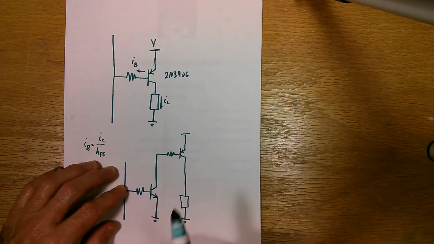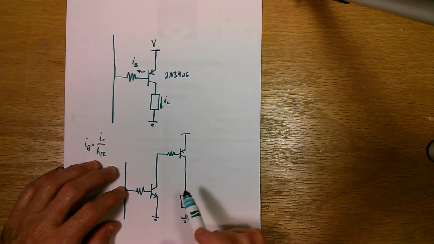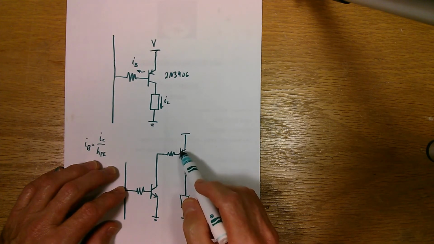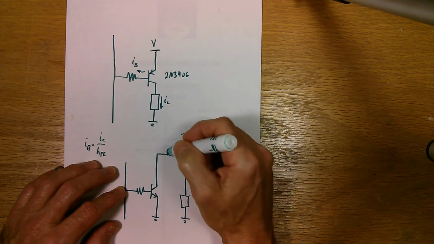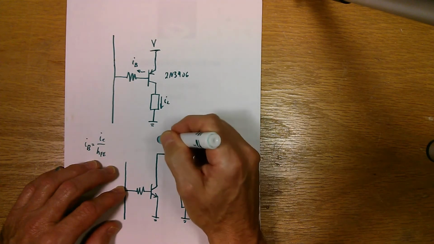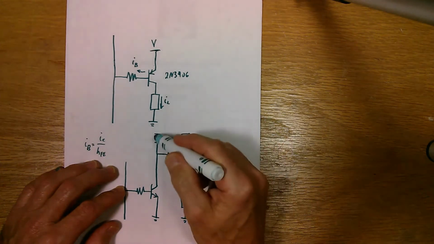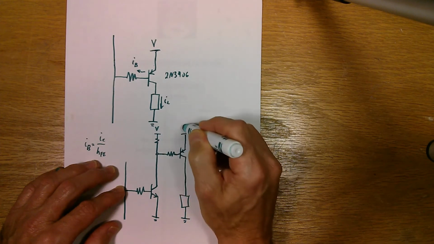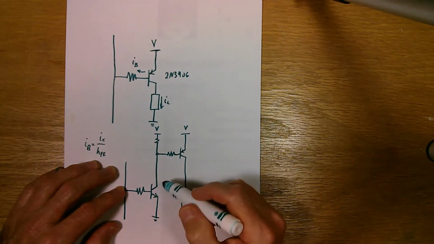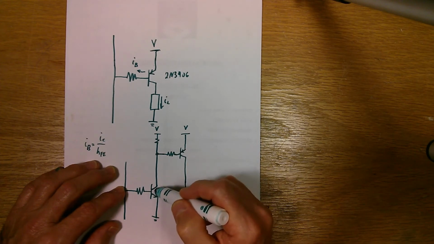So what happens here, I'll draw it in a second. To turn off this transistor, I have to turn off this transistor and pull this lead to the power supply. So we'll put another resistor in here. I'll put it in now. Same potential, this could be 12 volts or whatever. So to turn off this transistor, I turn off this one here.